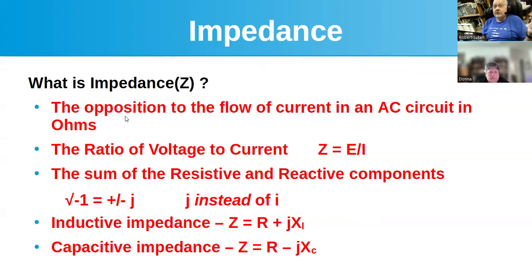So it's the combination of the resistance in the circuit plus the reactance. The reactance, if it's capacitive, is going to be a negative value. That's why when they're equal, they cancel out, because inductive is positive and capacitive is negative. So if they were both 1,000 ohms, you'd have plus 1,000 and minus 1,000.